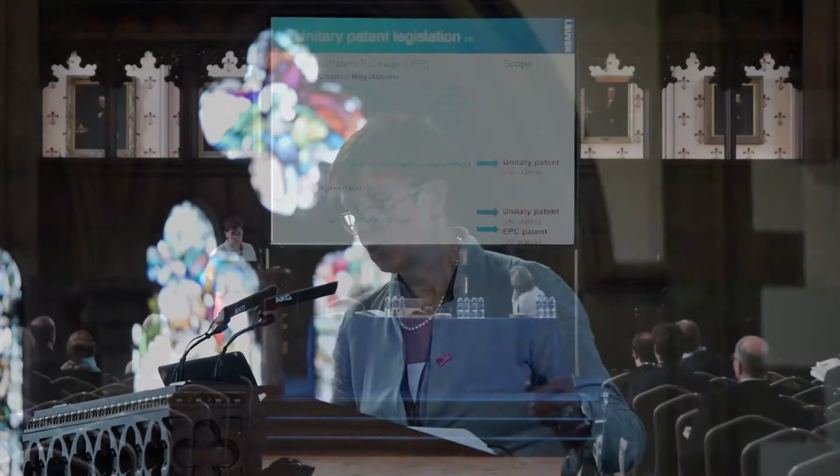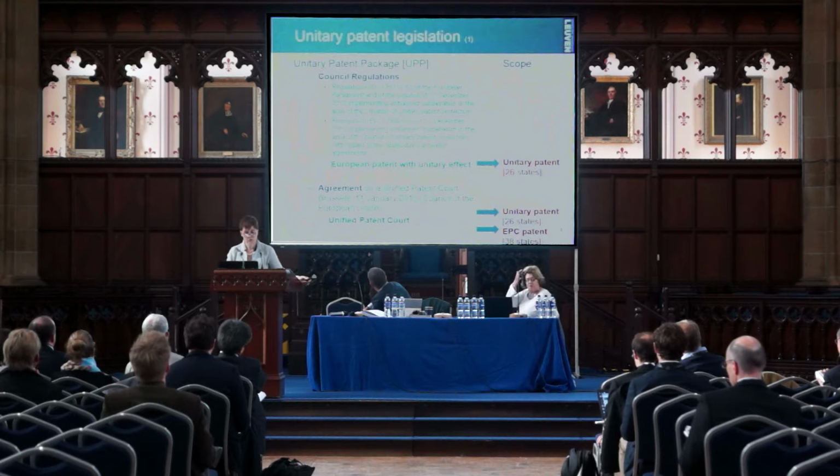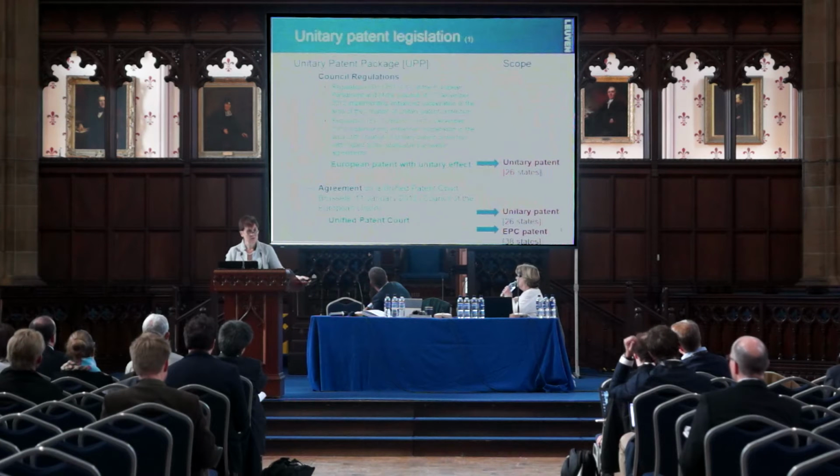It does so by putting forward a bunch of legislation, and for the legal scholars, they probably remember that it's brought about by 2 council regulations here, and then by 1 international agreement. So the council regulations establish the European patent with unitary effect, whereas the agreement establishes the Unified Patent Court.